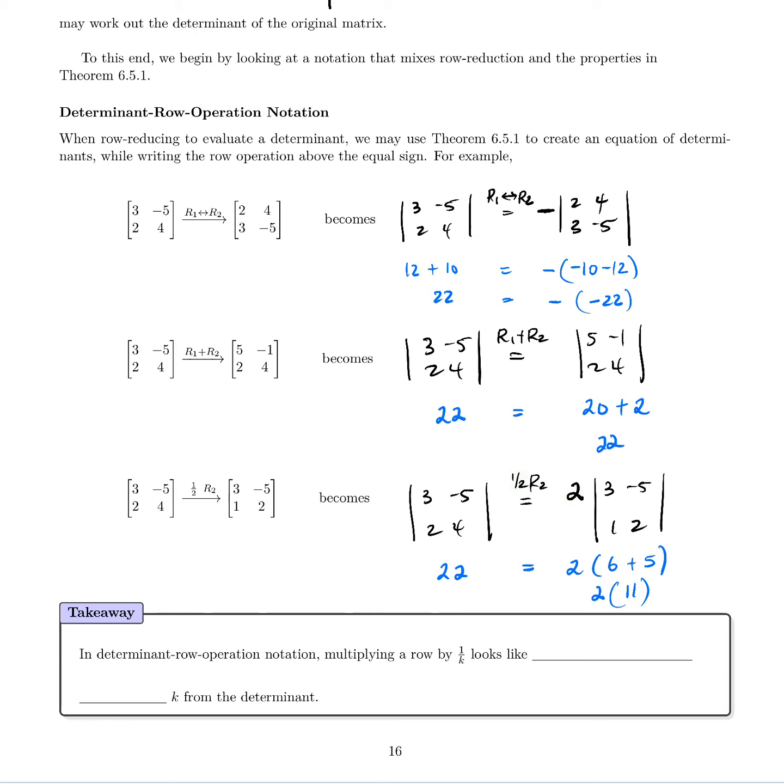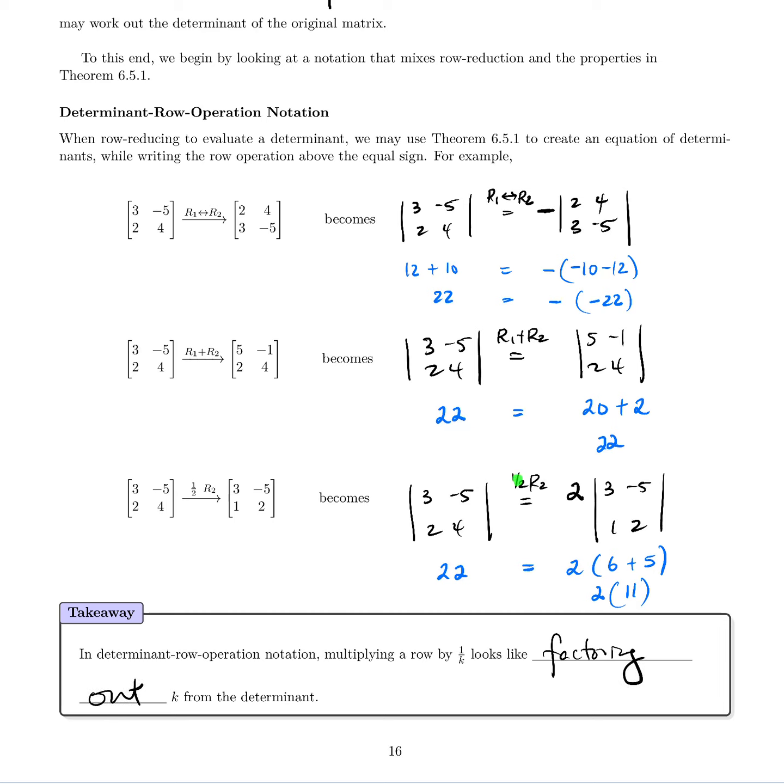And then one more thing to notice is it kind of looks like this 2, right? We have 2, 4. It kind of looks like that's just been factored out. That's not at all what's happening, but that's just a handy memory aid, and that in fact is this takeaway. In determinant row operation, multiplying a row by k, here our k is 1/2, by multiplying a row by 1 over k, so our 1 over k is 2, looks like factoring out k from the determinant.